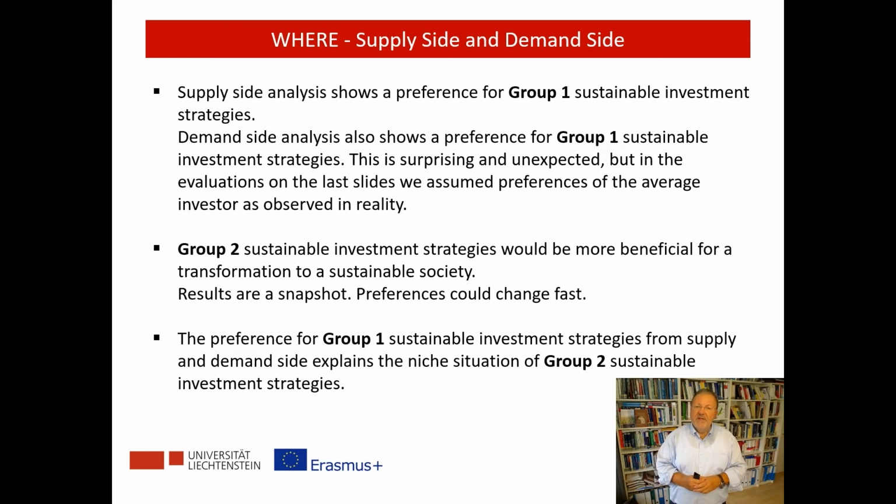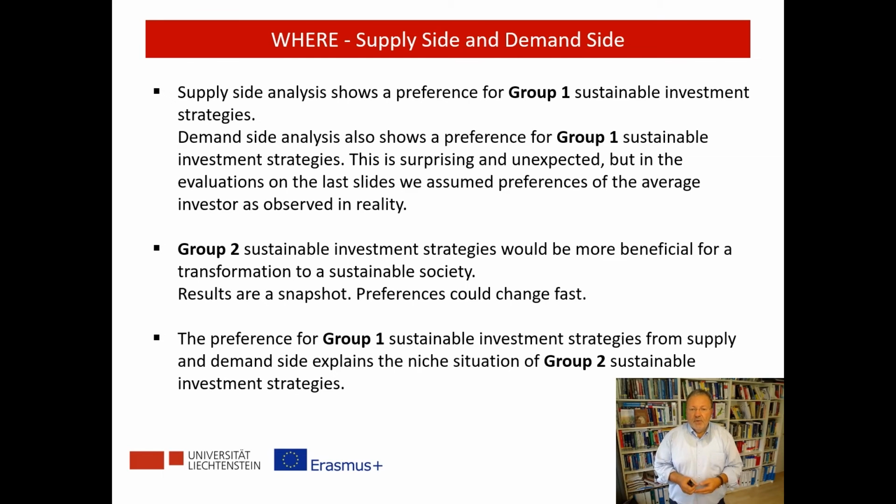Group 2 sustainable investment strategies would be more beneficial for a transformation to a sustainable society, but Group 2 is not preferred. These results are a snapshot, of course, and preferences could change fast over time, and probably with a development of the society to a sustainable society, this will probably also change. But at the moment it's like that.